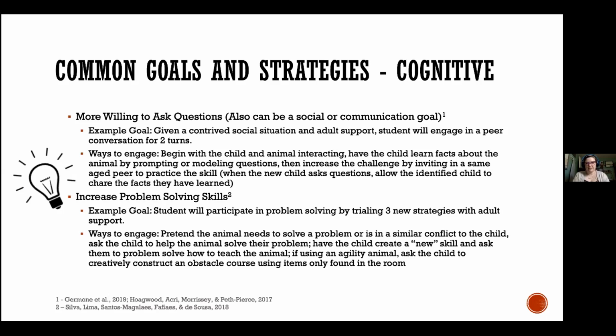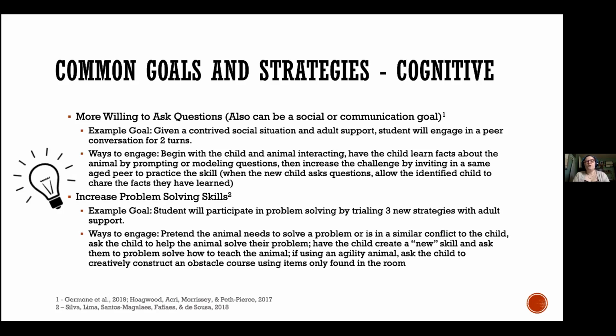The theory behind that is simply that the animals have unconditional love and acceptance. And so there's a safe, comforting environment that's created by their presence. So it could be the child and the animal interacting with you, talking for the animal, having the child go back and forth.